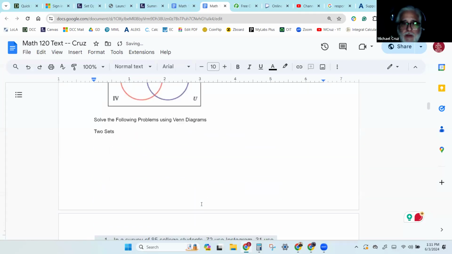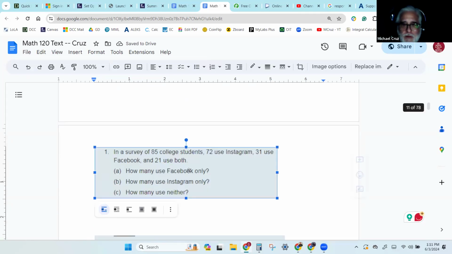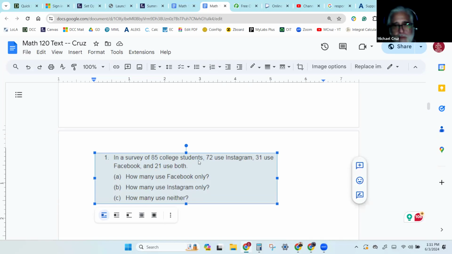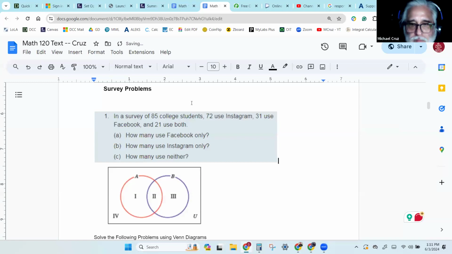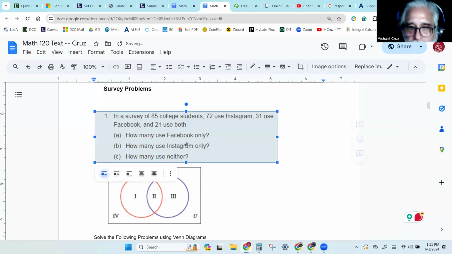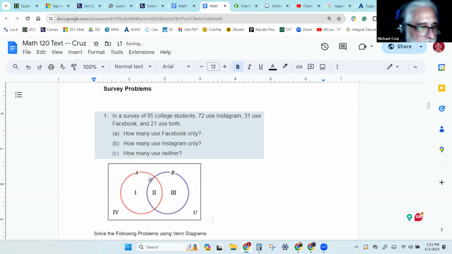And let's say we got this question here. And I'm going to put this up here so that we can see it, because I'm going to fill in this little Venn diagram with the answers.